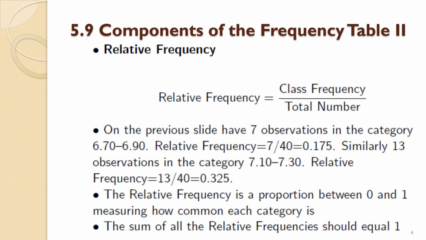In the previous slide, you've got 7 observations in this category, 6.7 to 6.9, out of 40 in the sample, so the relative frequency is just 7 over 40. The probability of being in this category is 7 observations over 40 in the sample, which gives you the number there. Similarly, if you've got 13 observations in this category here, the relative frequency is 13 observations over the 40 observations in the sample.